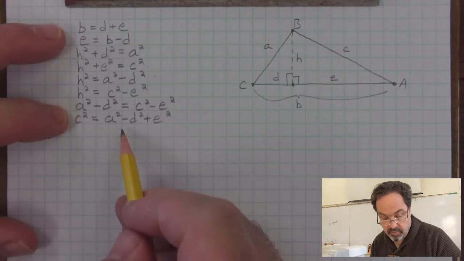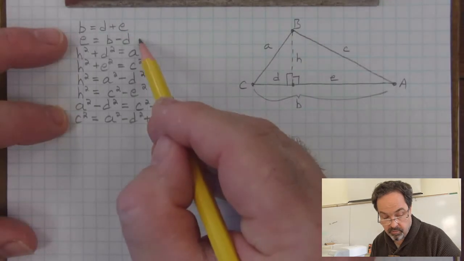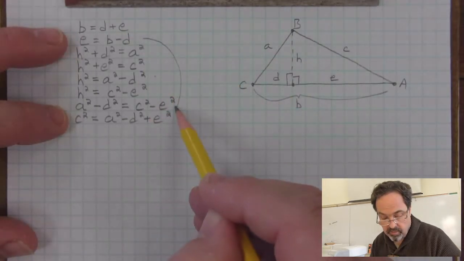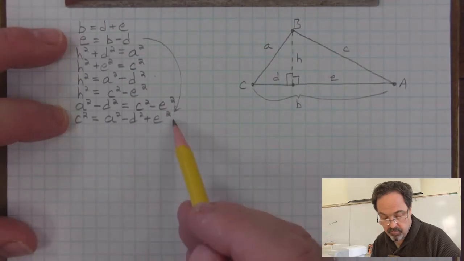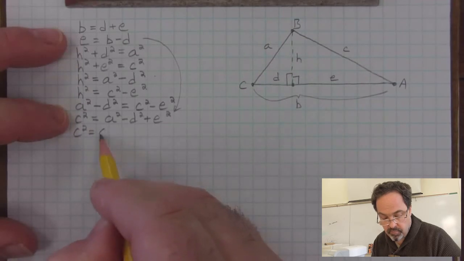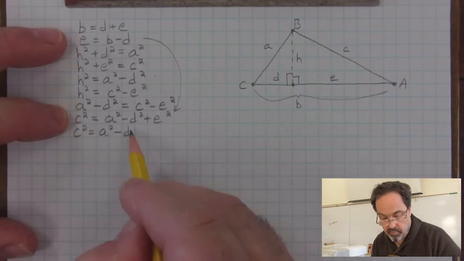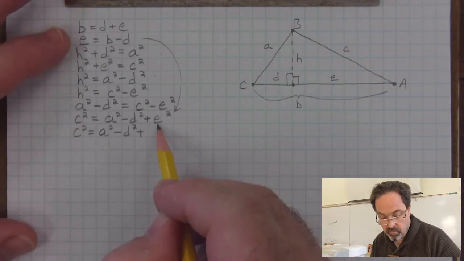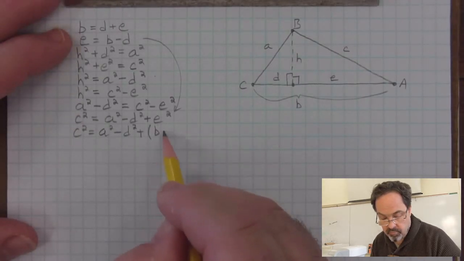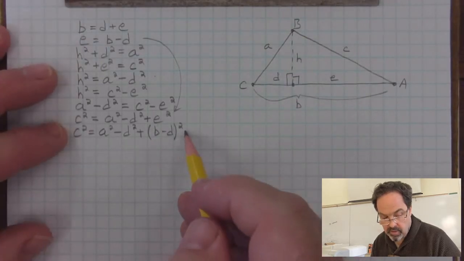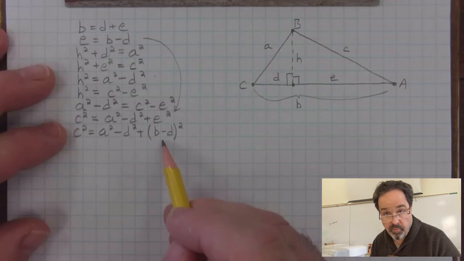Next, I'm going to take what e is equal to up here, and substitute it in for e in this last equation. When I do, I get c squared is equal to a squared minus d squared plus, now instead of e, what e is equal to is b minus d, all squared. And now I'm squaring a binomial.